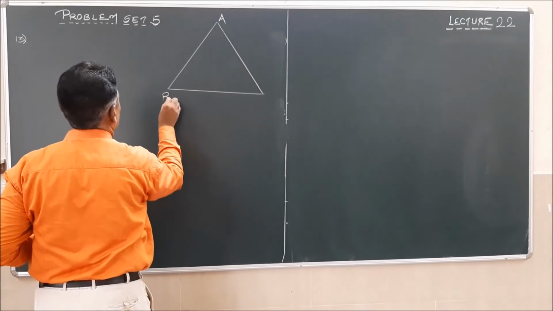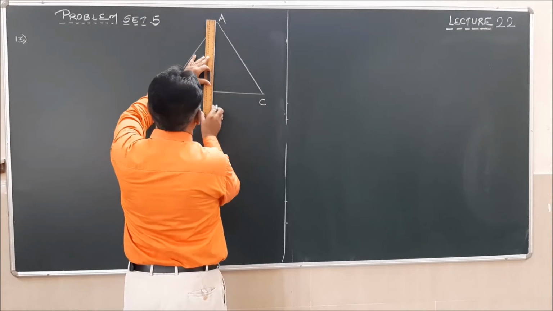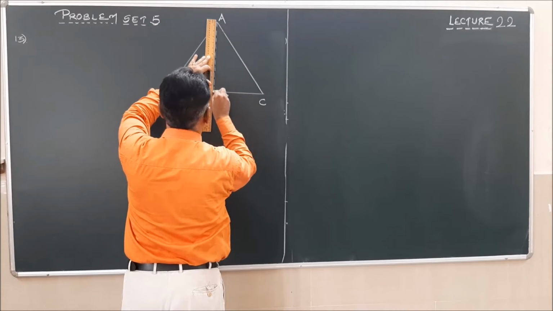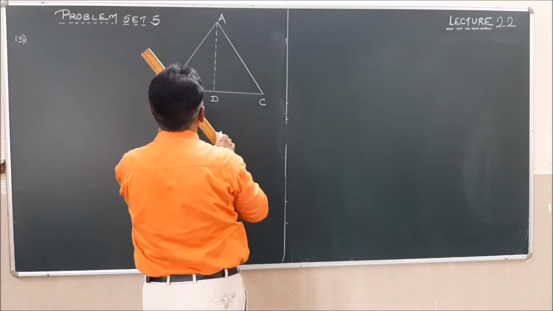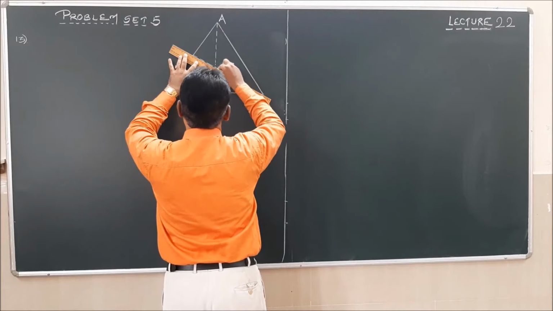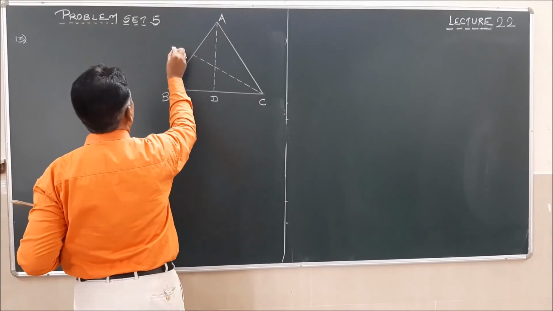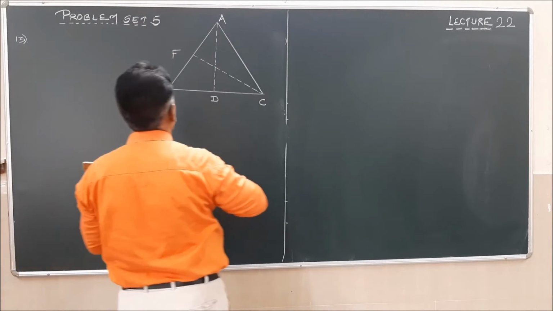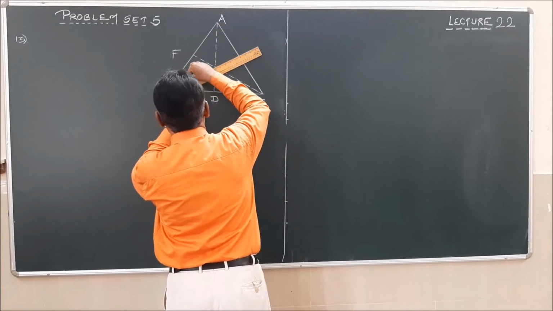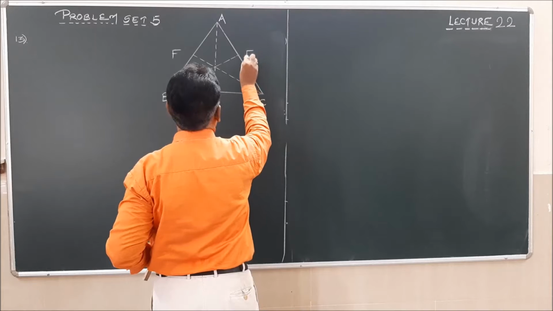A, B, C. Now you will find they have given us AD is a median. CF is also a median. And BE is also a median.